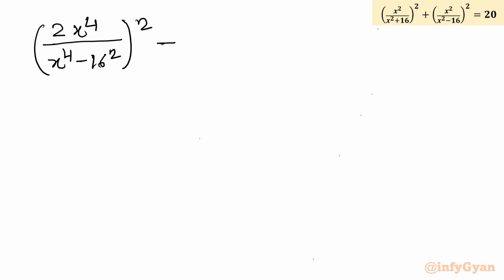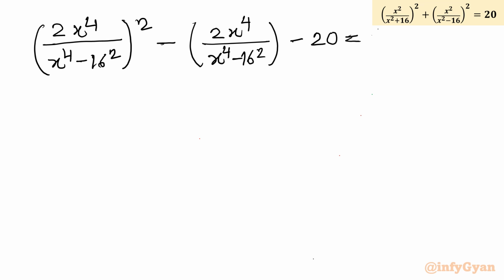Then I will write minus, again 2x power 4 over x power 4 minus 16 square, or 256 you can also write. Let us move 20 to the left also, minus 20 equal to 0. So straight away it is clear that this bracket is the same. You can see the bracket is the same.